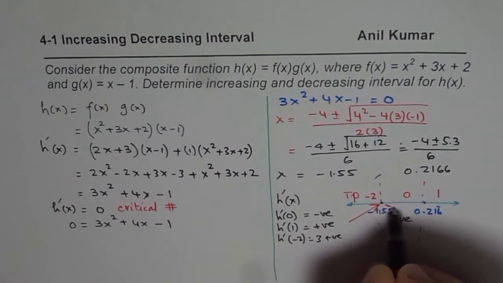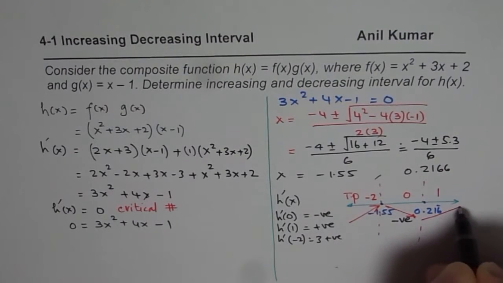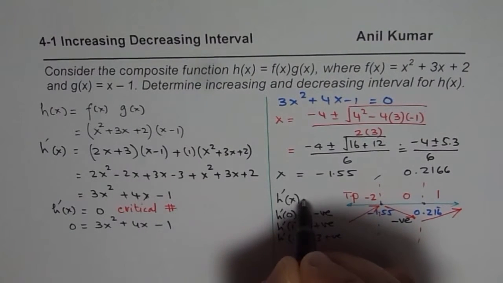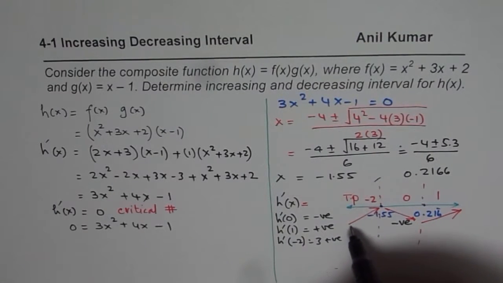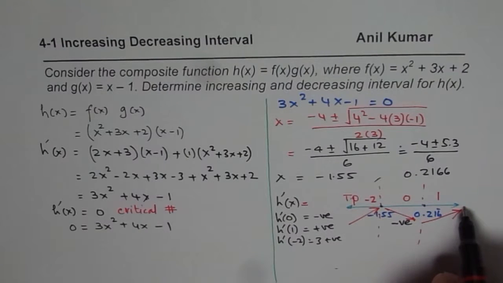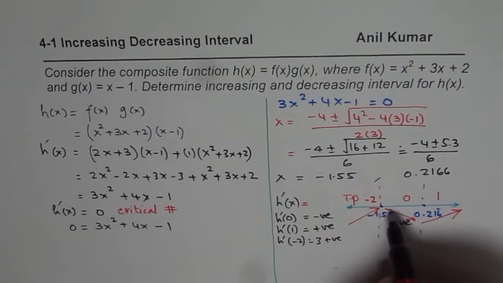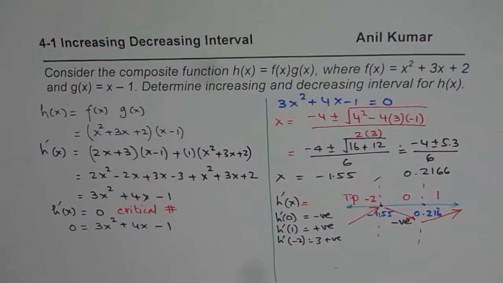But it's negative in this portion and positive here. So that is the nature of the derivative of the function, right? So the derivative is increasing here, decreasing in these points. Is it okay? So that is how the derivative is.